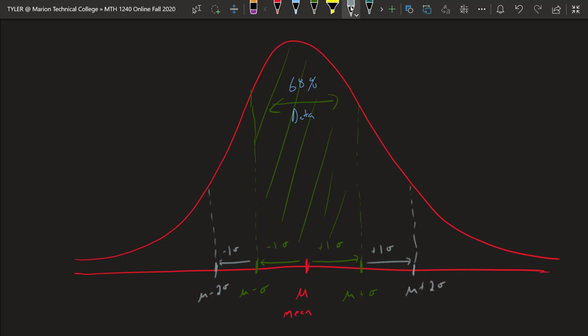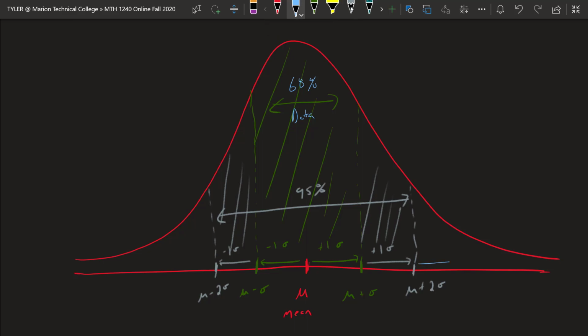What we would expect inside of all of this is 95% of my data.